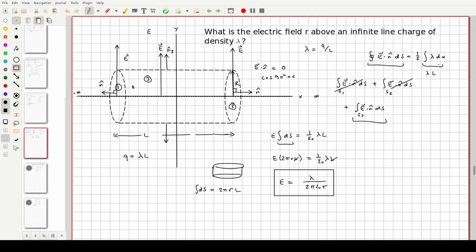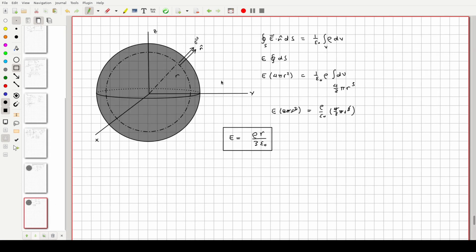Here, it looks like it's a line. The electric field looks like it's going to be on a cylinder. I can exploit that to find out what the electric field looks like. The minute you move away from simple shapes that have simple symmetry, Gauss's law becomes incredibly painful to use, and many times, more often than not, quite honestly, you're better off just doing the vector calculus.